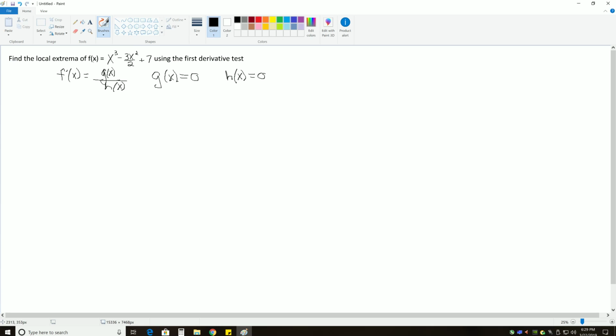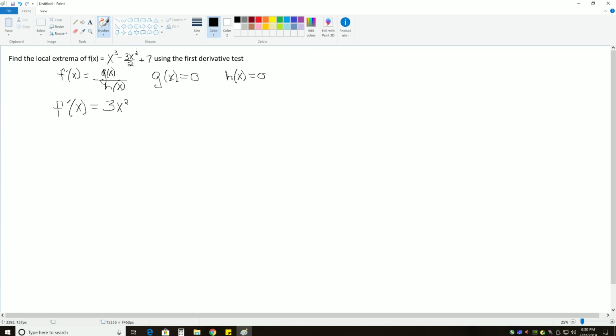Okay, so let's start this off. First, we're going to find our derivative, f prime of x. The derivative of x cubed is 3x squared. Remember, you multiply the exponent out front. That's where the 3 comes from. And then you subtract 1 from your exponent, which gives you 2.